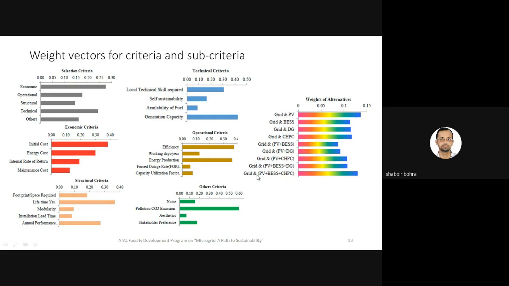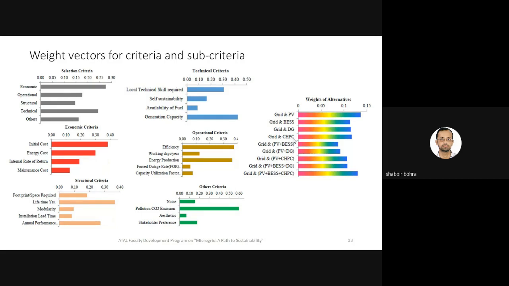Then it comes to the grid and PV, battery energy, and CHP system, combined heat and power cycle system. Then the others are given different weightages, and the least beneficial is the grid and PV and battery energy storage system. So that depends upon the different weights to be computed, the different factors which you have considered.